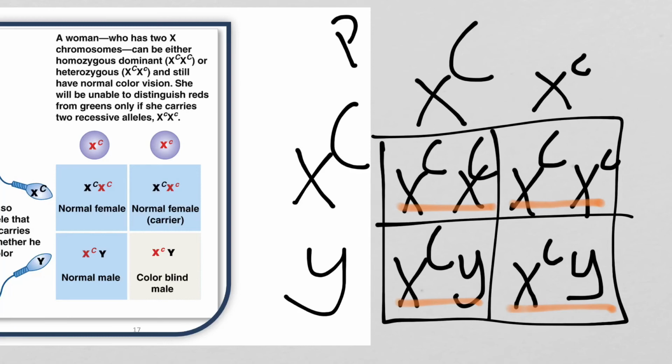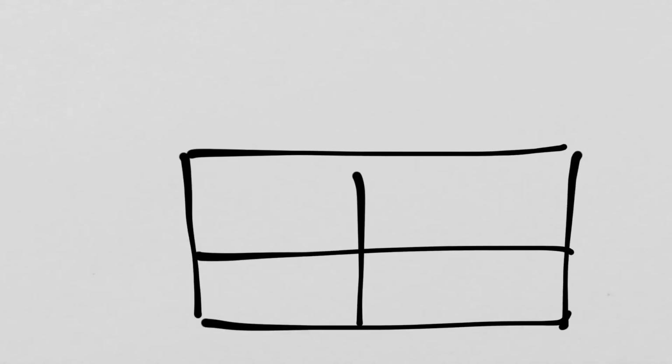That was page 27. Let's look at page 28. What are the parental genotypes that could produce a colorblind female in the F1 generation? We're looking at female, and we want a colorblind female.